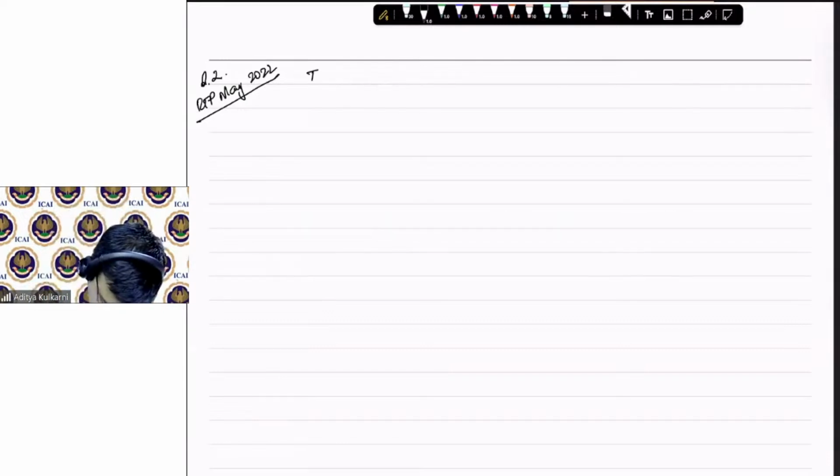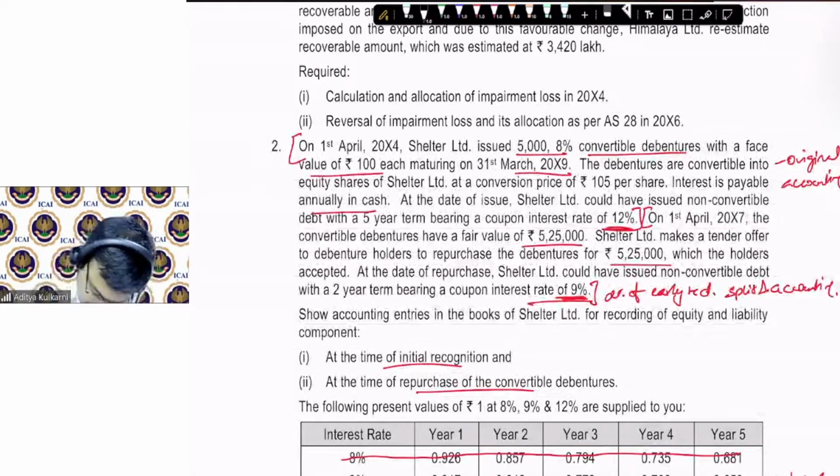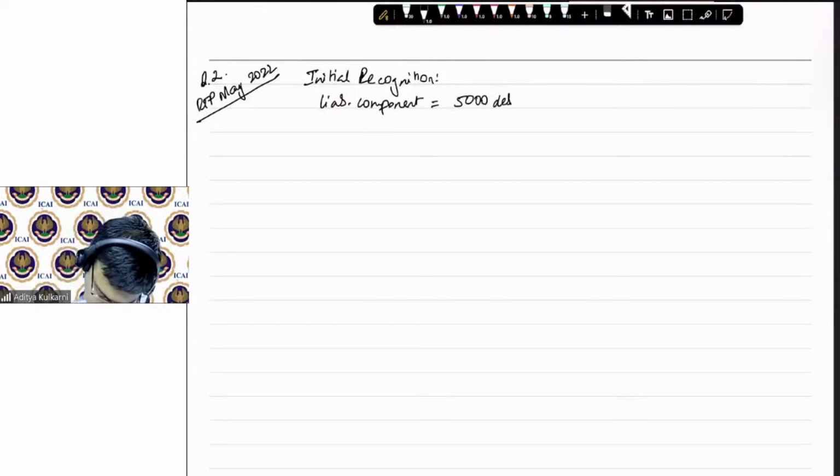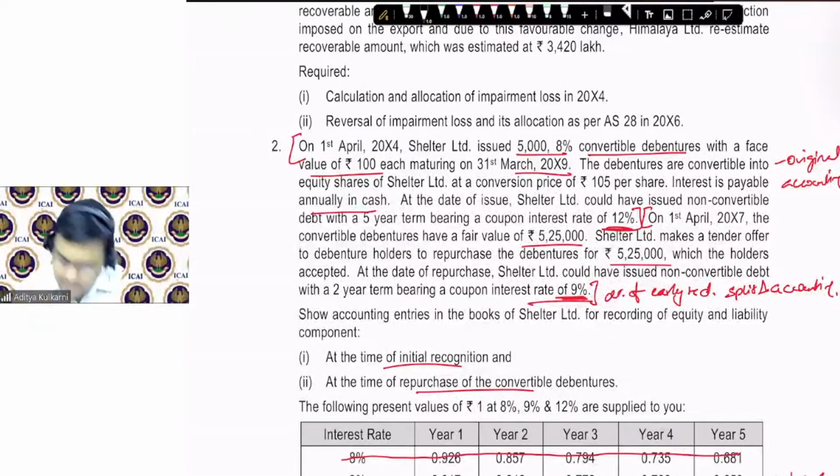So liability component is equal to 5,000 debentures of face value 100 each with payment of 8% coupon multiplied by present value annuity factor 12% for a period of 5 years, maturing 20X9.